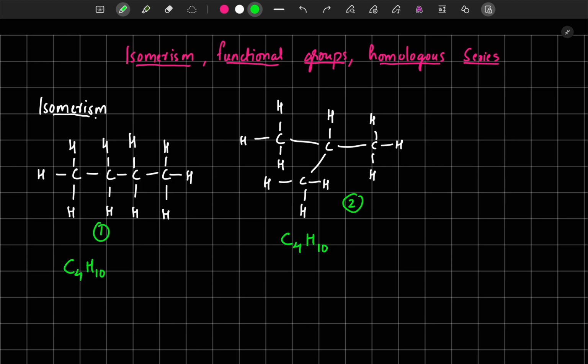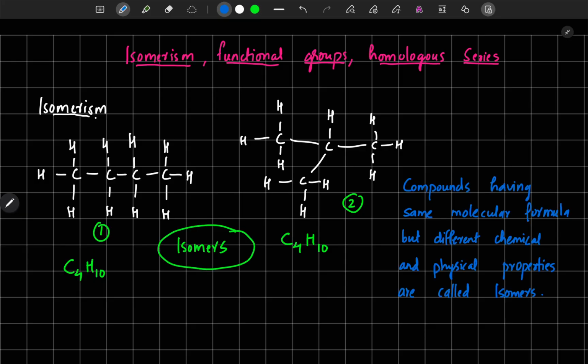So here these two are isomers. These two are examples of isomers. So I will write the definition for isomerism. Now read this: compounds having the same molecular formula but different chemical and physical properties are called isomers.